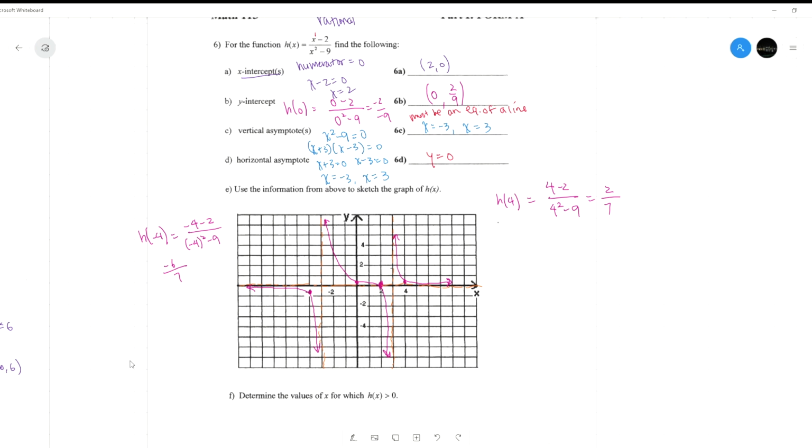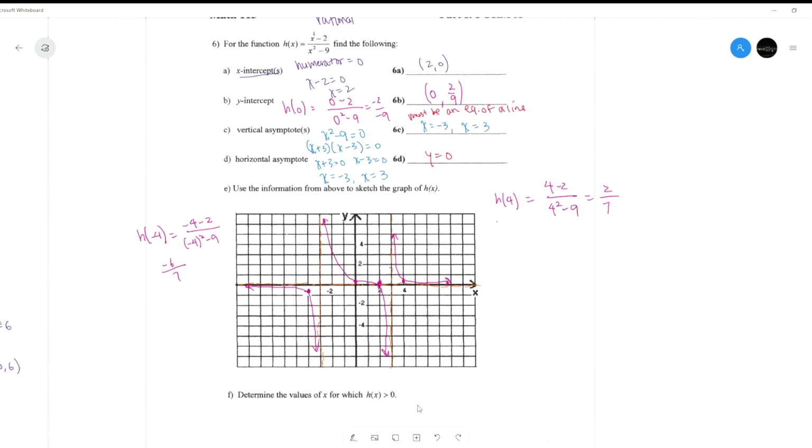Determine the values of x for which h of x is greater than 0. So what does it mean when h of x is greater than 0? This means above the x-axis, right? So as you can see, -infinity all the way up to -3 is below. And then from -3 all the way up to this x-intercept at 2, this is above.